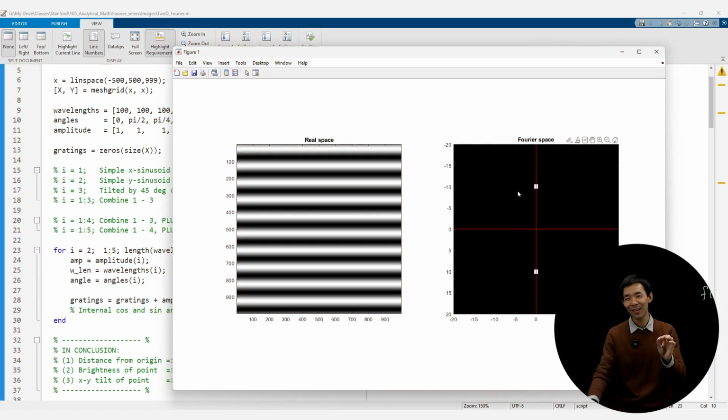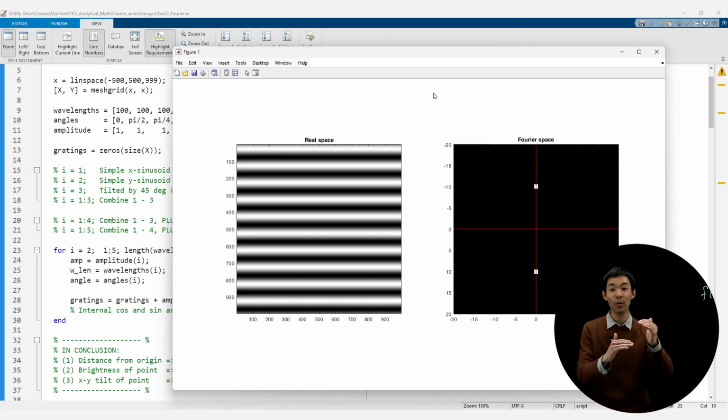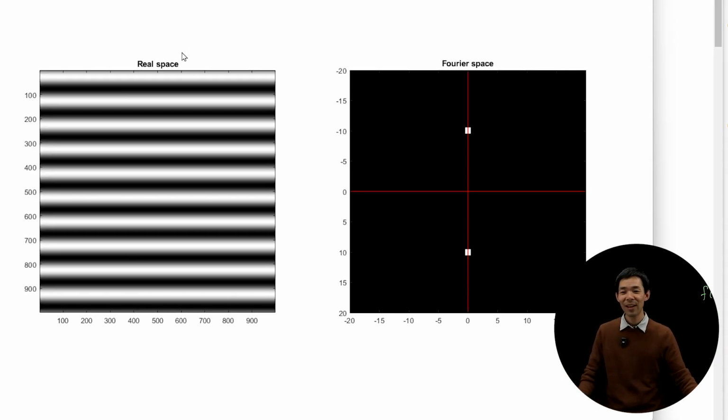So you're starting to get the feeling of what this Fourier space diagram is telling us. The distance from the origin to the dot tells you the frequency in real space. So we have 10 ups and downs of the wave going along y, so this distance is exactly 10.